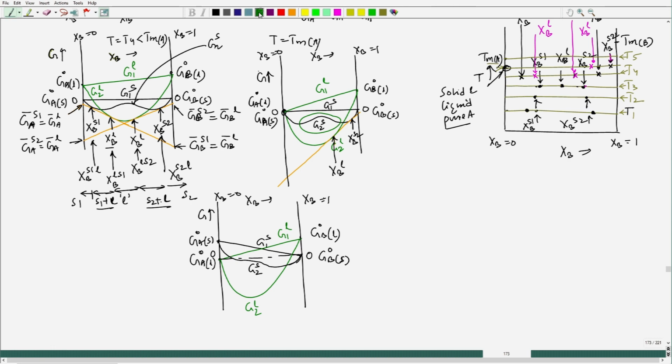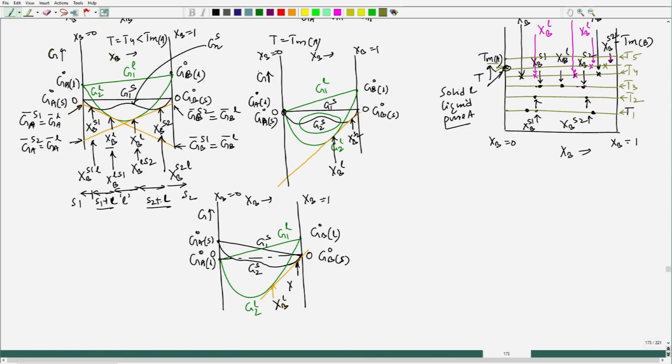Now, we see a common tangent. The common tangent will pass through this. So, this should be X B of liquid and this should be X B of solid 2. So, here also I can have two compositions. Now, here this solid composition will be lying here.